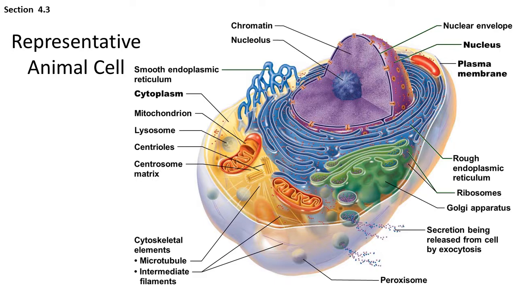We have vesicles that are secreted using exocytosis, which means to have something exit the cell. Golgi apparatus, ribosomes, rough endoplasmic reticulum.